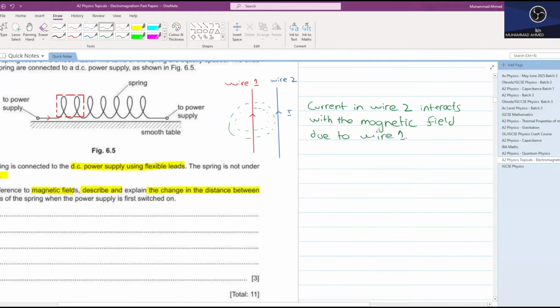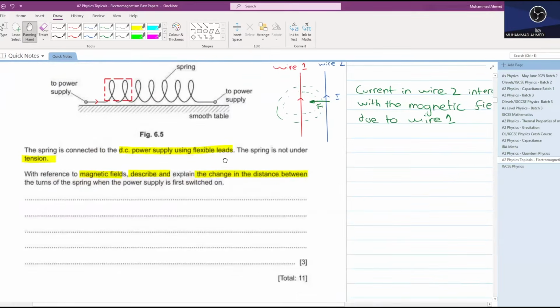When this happens, an attractive force is produced like this. Why does an attractive force get produced and not a repulsive force? Because both the currents are in the same direction, hence an attractive force gets produced.